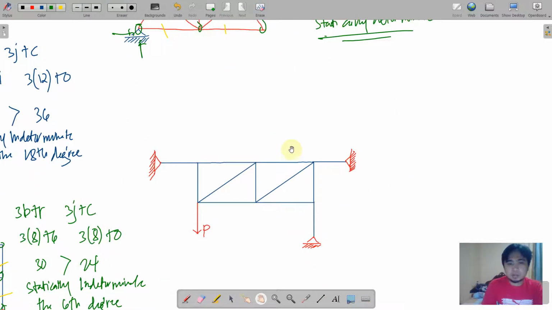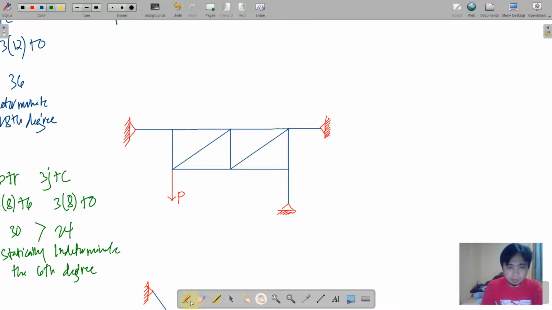Okay. So for this problem, if we are going to analyze this one, there will be only a single reaction here, although we have a pin connection here. We cannot say that we have any vertical reaction here, because if we apply a joint section at that joint, okay, there is a single force member, and this force member is restrained on this pin connection.